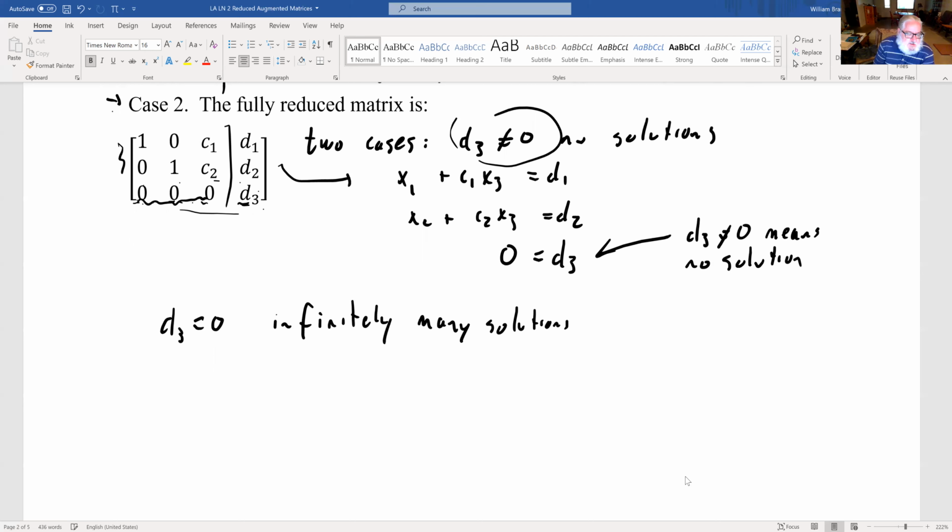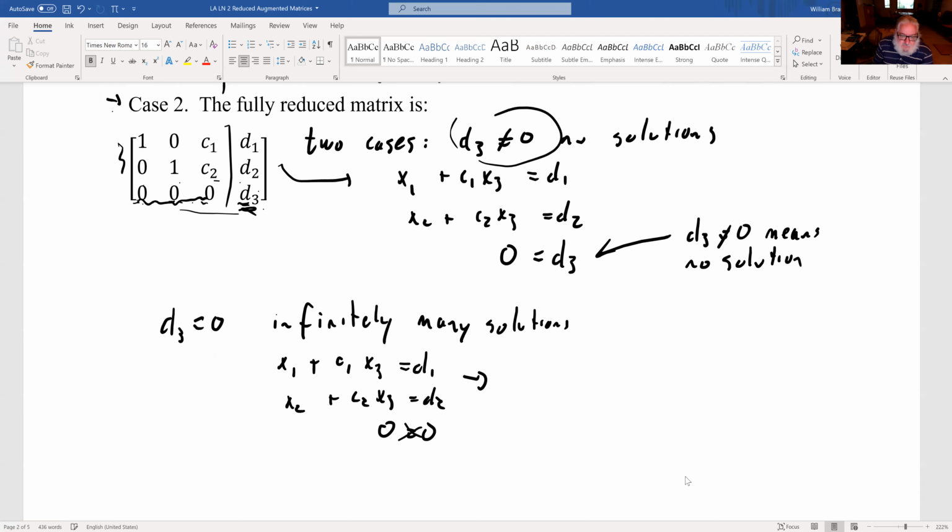Because then our equations are x1 plus c1 x3 equals d1, x2 plus c2 x3 equals d2, and then 0 equals 0. That's the third equation. If d3 is equal to 0, we can ignore that one.